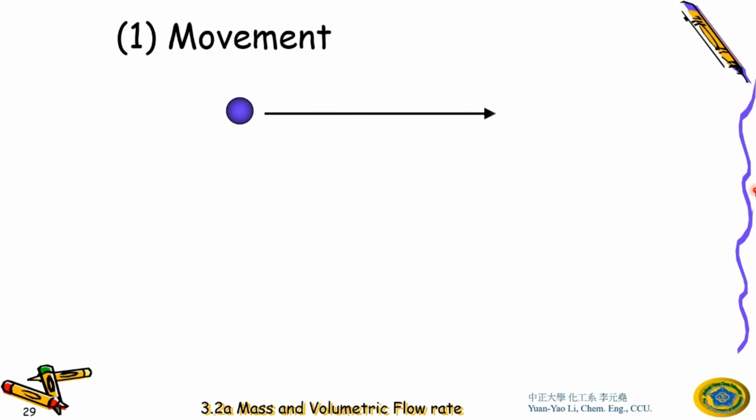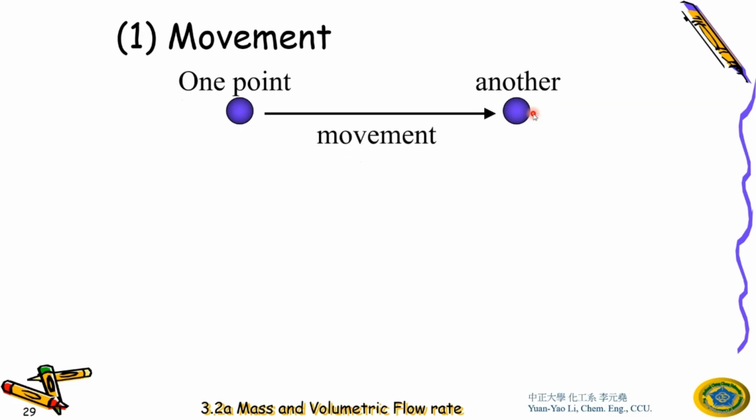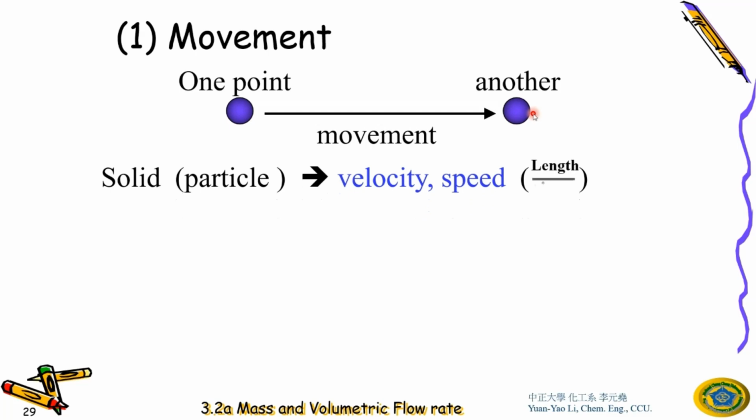If you have a baseball, and you throw it from one place to another place, what do we call this? Movement, right? If we think of this as a particle, we use velocity or speed to represent this, which is length divided by time.